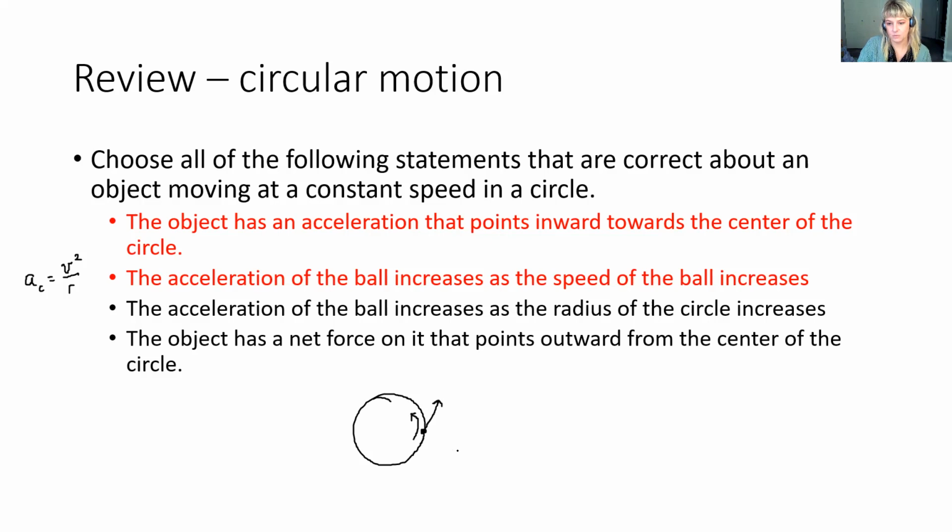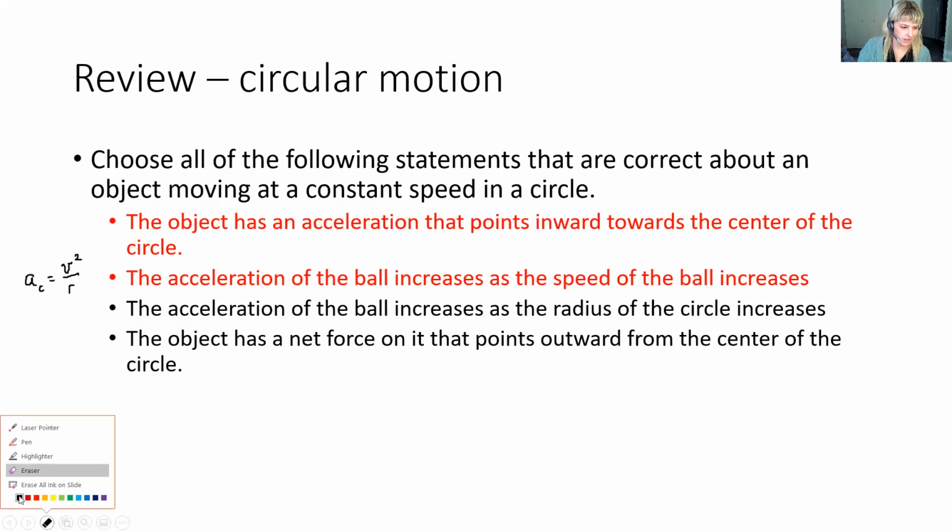You would not fly outward. So it has to do with the frame of reference you're in. We are going to think of all of these questions from the frame of reference outside the thing that is rotating, to make our life easier.